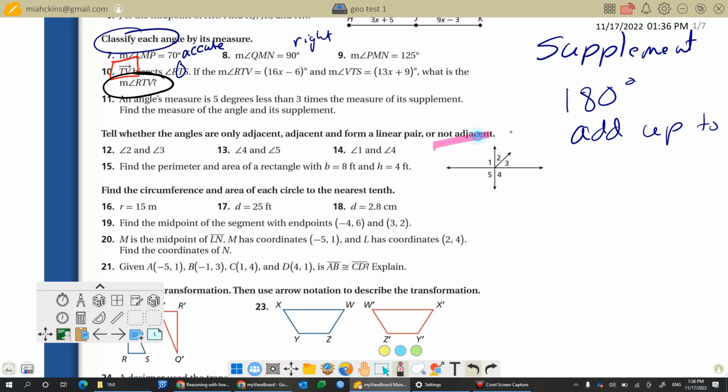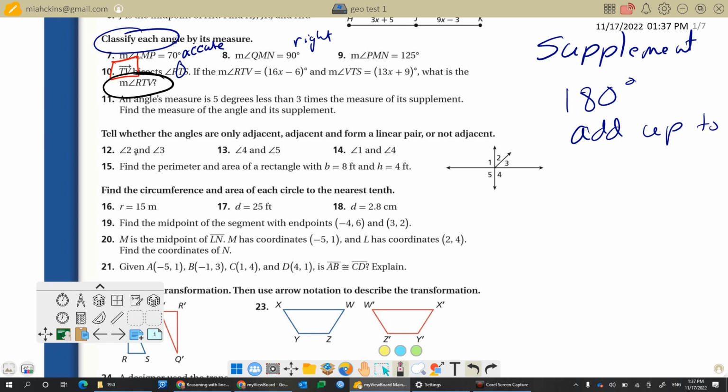And now we can take a look at this here, and we want to know whether they're adjacent and form a linear pair, only adjacent, or not adjacent. And remember, adjacent means that they're next to each other and they share the same vertex.